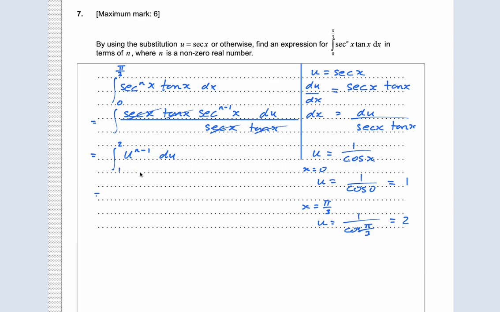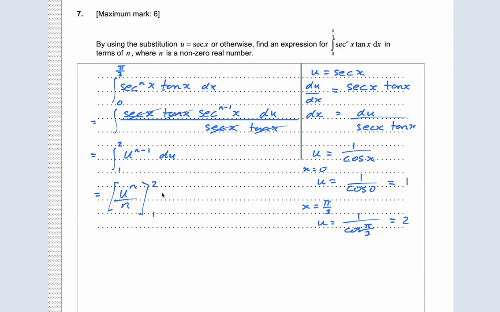Okay, now it's a fairly straightforward integral. I just need to raise this power by 1, so it becomes u^n, and divide by the new power, so it's u^n over n. And then I just have to sub in my limits.